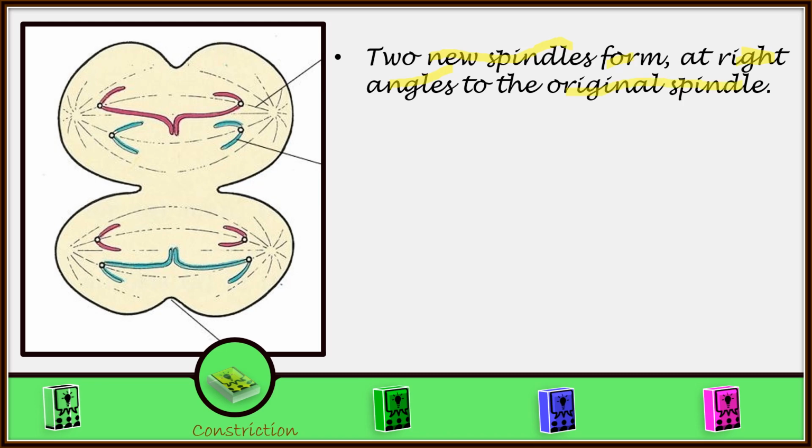So previously we had one cell, as you remember, and it had spindles forming from that direction, up, down. Now we have got 2 cells that have been formed, and 2 chromosomes went up, and 2 chromosomes went down.